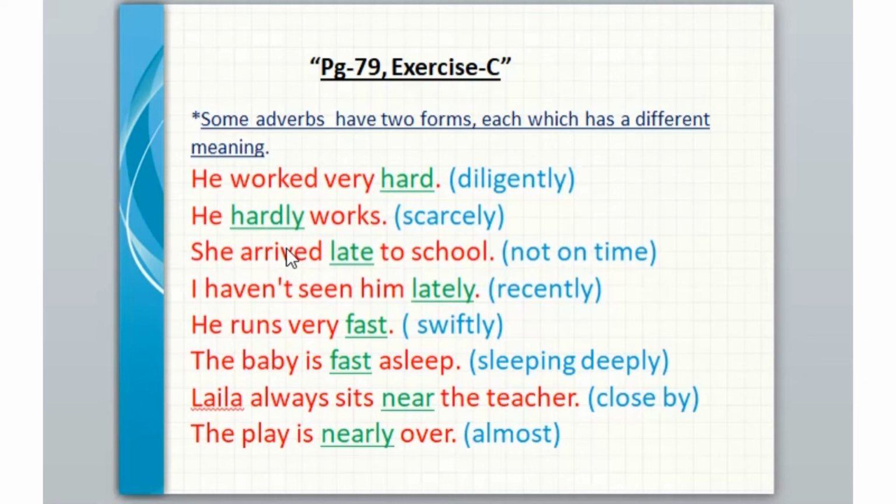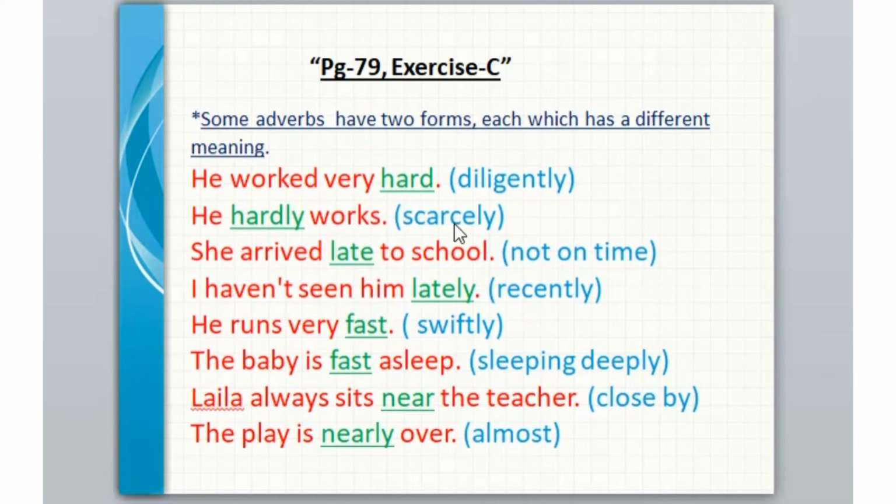Both kinds are adverbs, but the meanings are changed. In blue color, you see the brackets, we have given you the meaning so that it will be very clear how it is used in a sentence and how it changes the meanings. And in green color, underlined words are our adverbs. It's so fun to know.